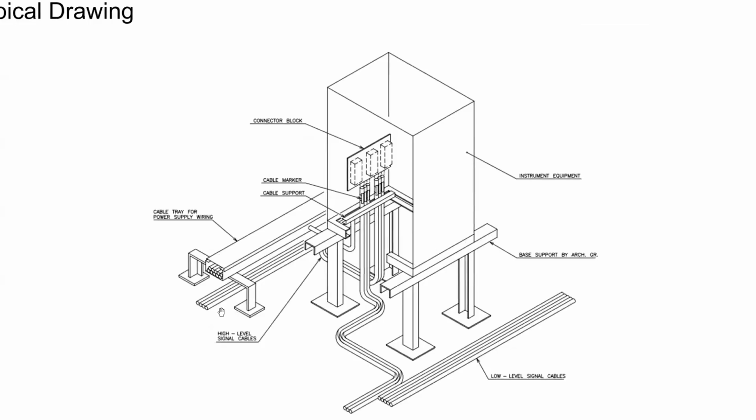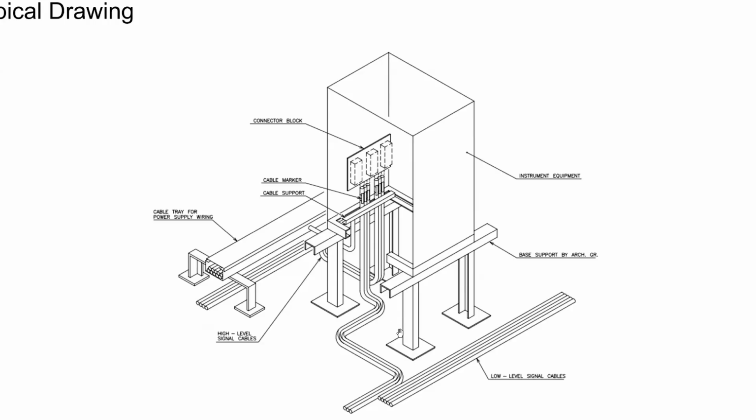Now I'll go into the second drawing, wherein I'll focus on the connectivity around the equipment, meaning the panel. You see, friends, the same thing. You see that the high level cable is coming and connected here, right? And see the low level cable, it is coming and connected here. The spacing is also there, and of course, the cable marker is there. When it's about to get connected to the panel, we have sufficient support, and the whole panel is also provided on a support.